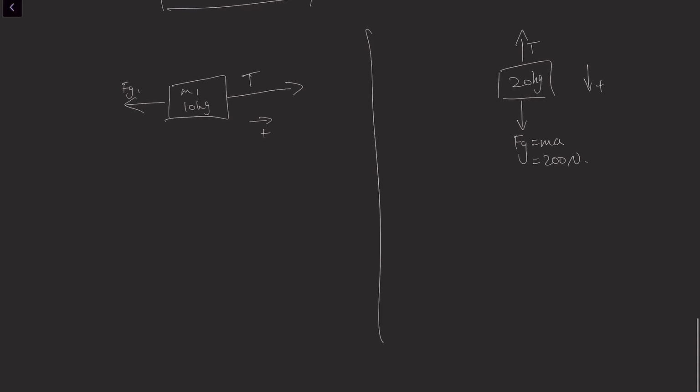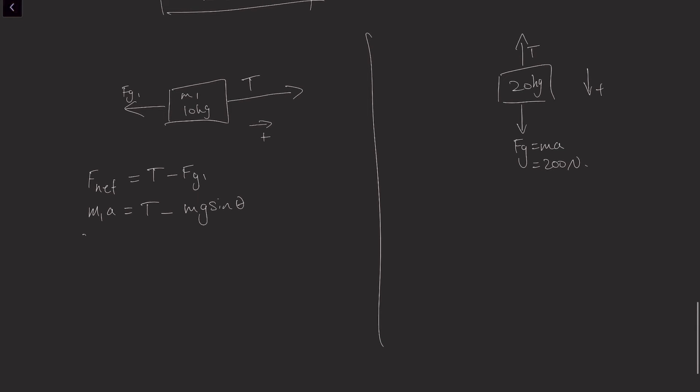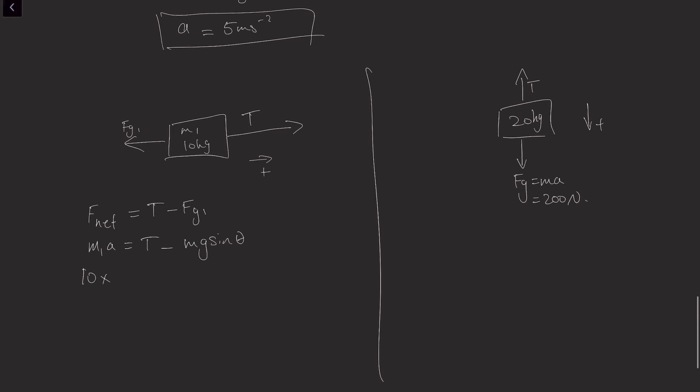So, the net force equation for each free body diagram: tension, which is the positive direction, minus the negative direction, minus Fg1. Net force equals mass times acceleration, tension stays the same. The force due to gravity, again, it's on a slope, so it's mg sine of theta. Substitute in all the numbers that we know. So this is 10 kilograms multiplied by our acceleration, which is 5.